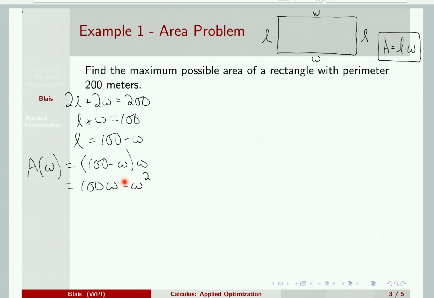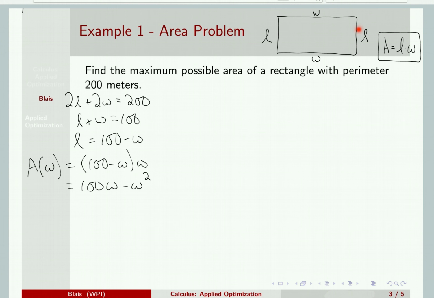Now we want to optimize this objective function. The natural question is, first, what are the fair game values we could plug in for W? Well, what's the biggest W could be? Think about shrinking L down to 0.